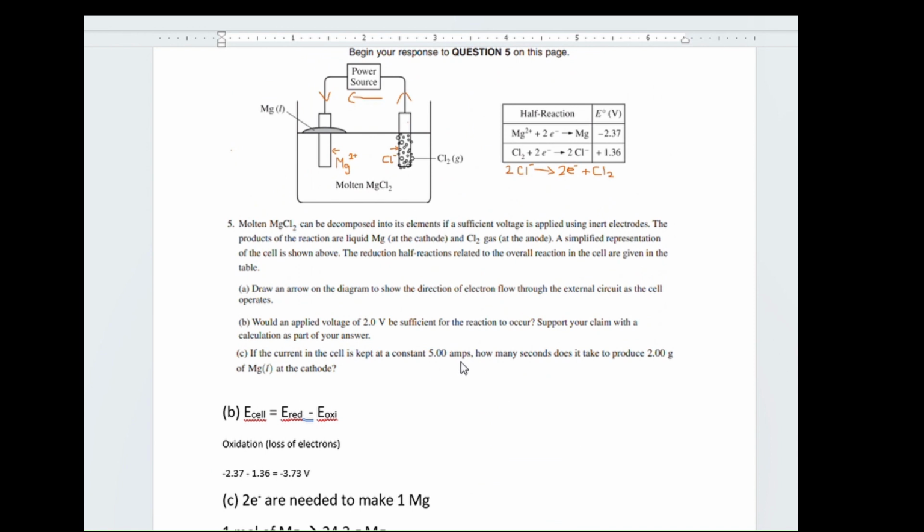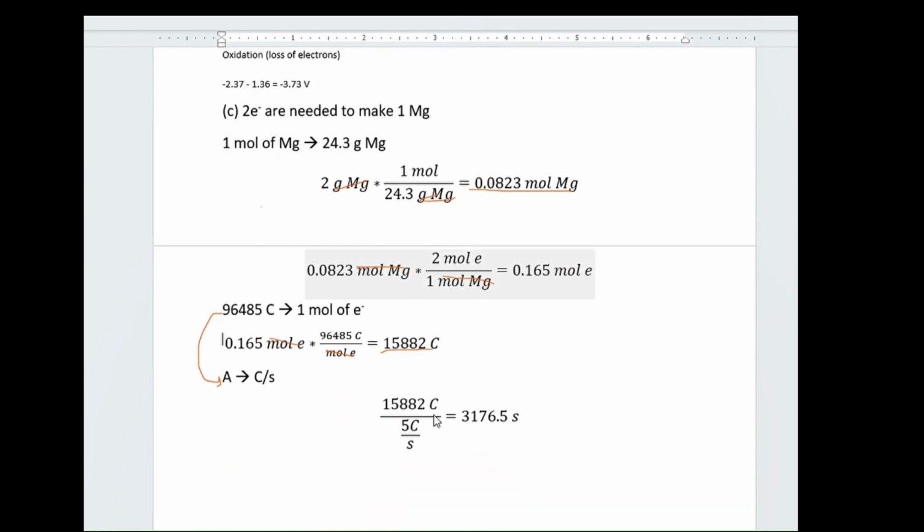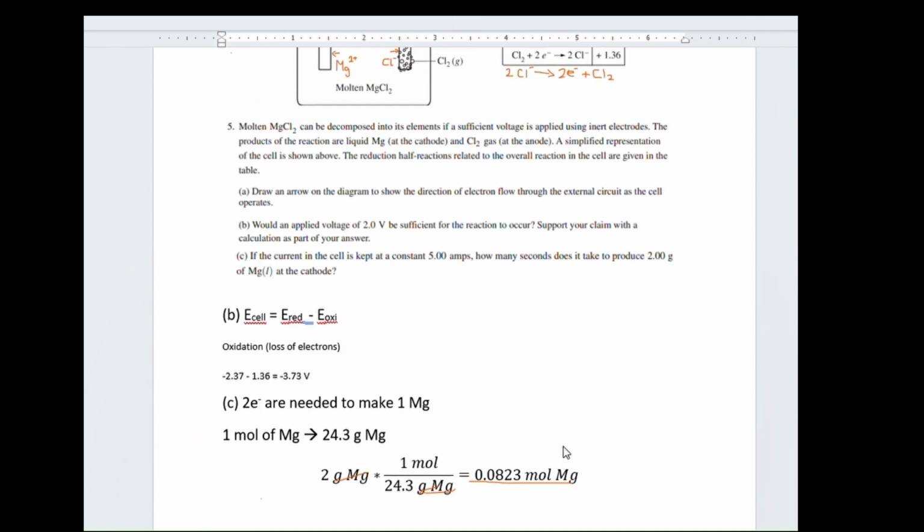It says 5 amperes. Ampere is basically coulomb over second, so 5 coulombs flow in 1 second. So how many seconds would 15,882 coulombs take? I just divide this by 5 and I get my answer as around 3,176.5, and this was my answer for part C.